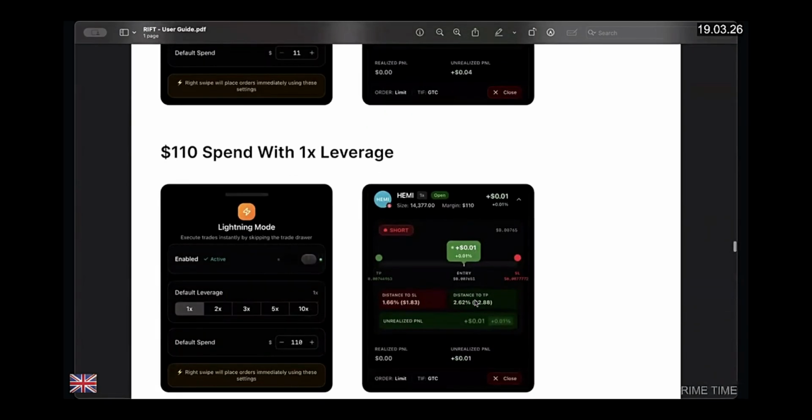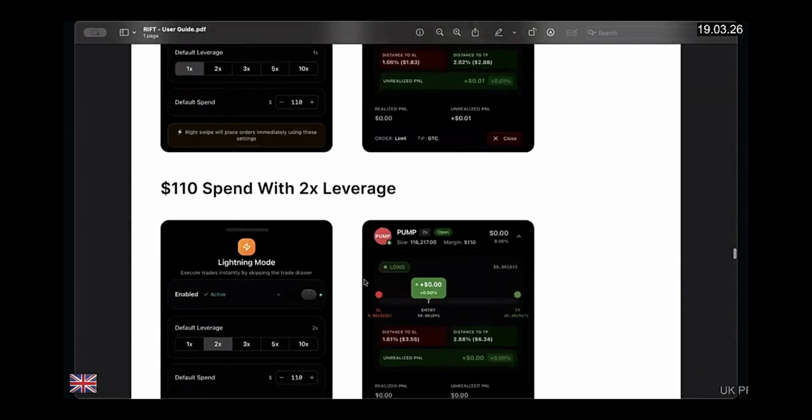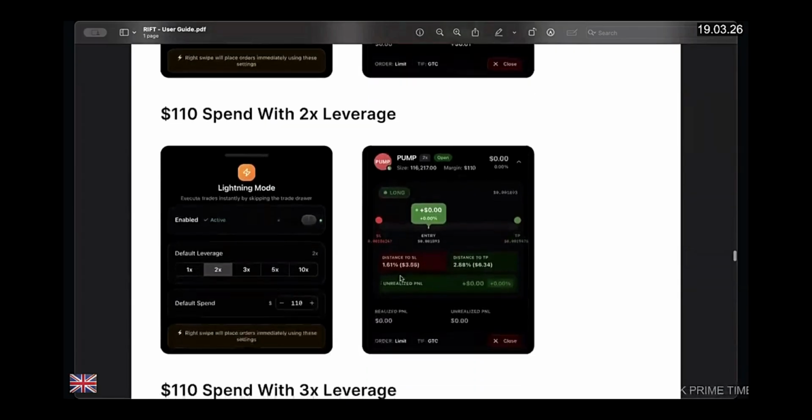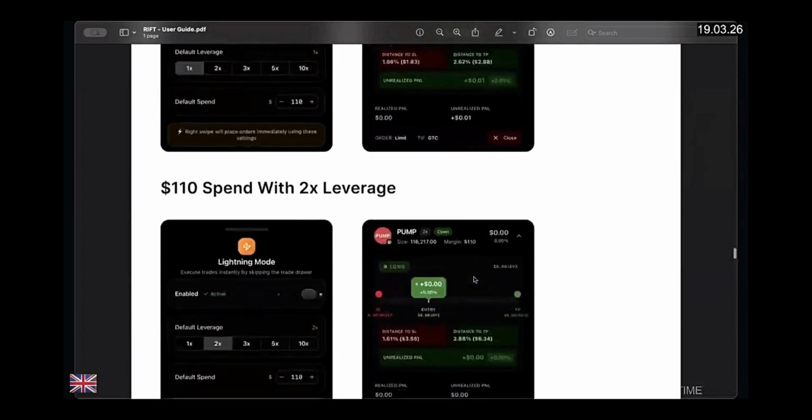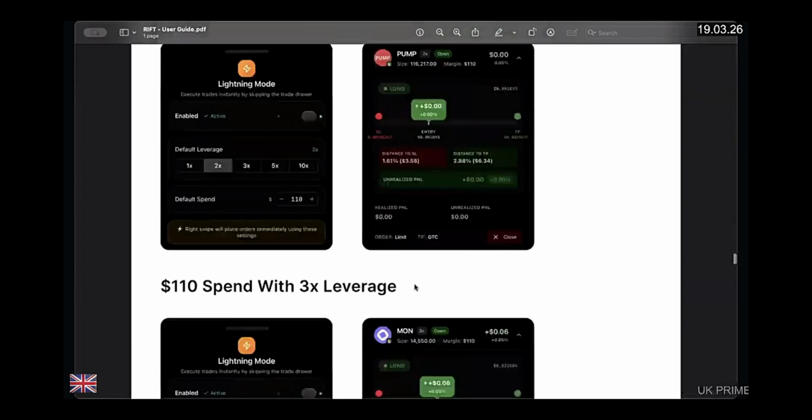Then we have $110 spent with 1x leverage. We see a stop loss distance to $1.83 and take profit $2.88 at no leverage. Then we see with 2x leverage, the profit increases to $6.34, and the distance to stop loss goes to $3.55.